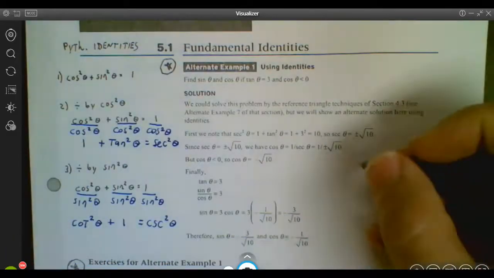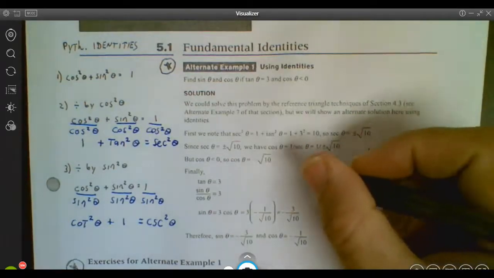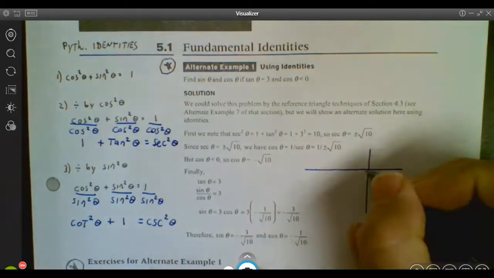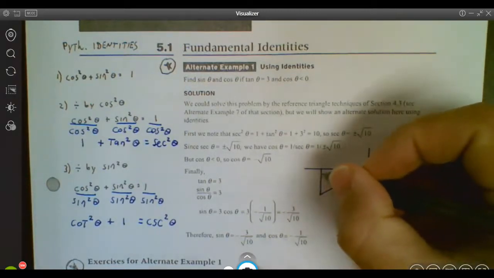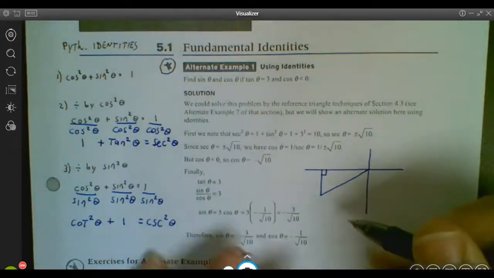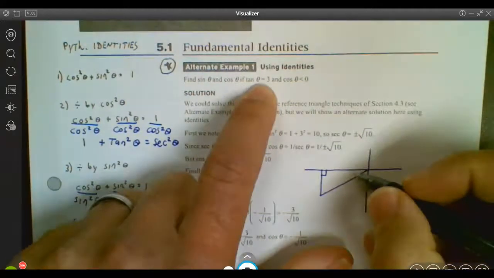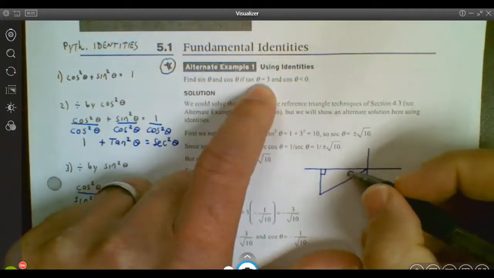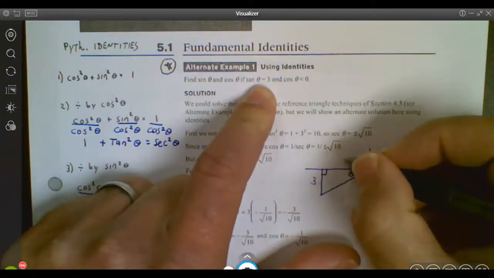So here's how we solved this type of problem in our last chapter. We would say, okay, well, let's draw a triangle. And this still works. We're just going to learn an alternate method here. So I know I'm in quadrant 3, as we just talked about, since my tangent ratio is 3 over 1. So from my reference angle, I'm going to do opposite over adjacent.